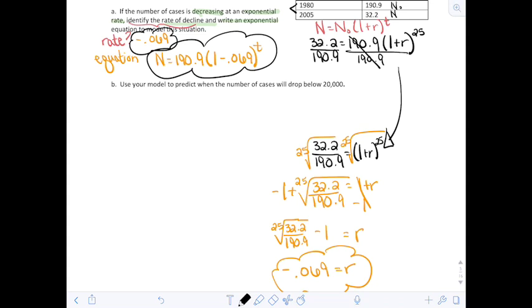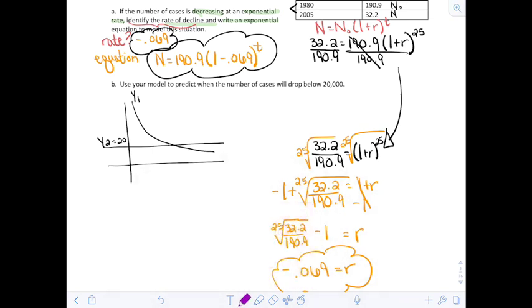In part B it says use the model to predict when the number of cases will drop below 20,000. At this time we don't have any logarithmic tools to use, so what I did was look at a graph. I graphed this exponential decay, and I put this model into y1, and in y2 I put my 20,000. I just put 20 because we already know we're in thousands.